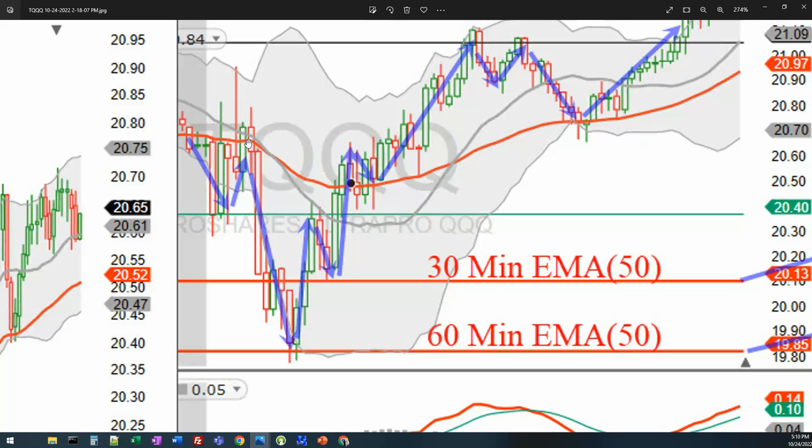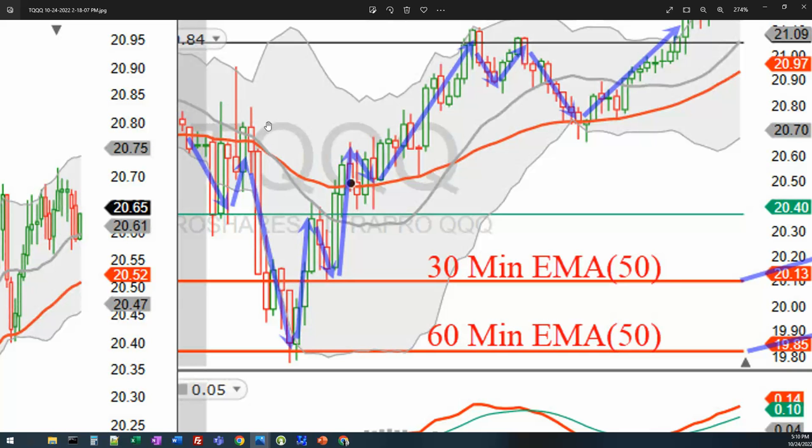See that? It converged, came up to it, and failed, and I want to emphasize this point. Well, how do you know it failed? On the 5-minute chart, the body of the candle failed to close above the red EMA 50 line.